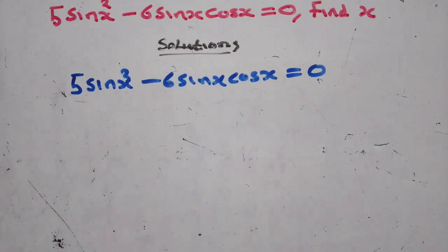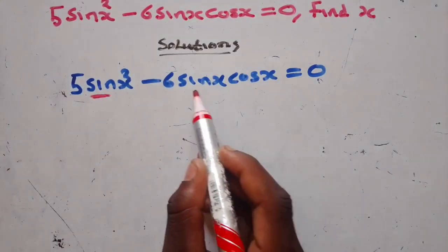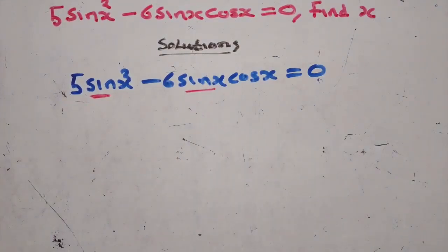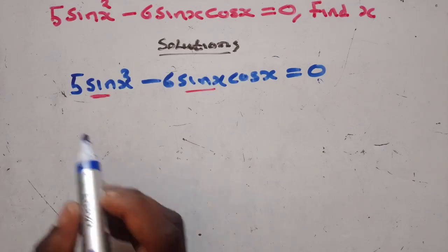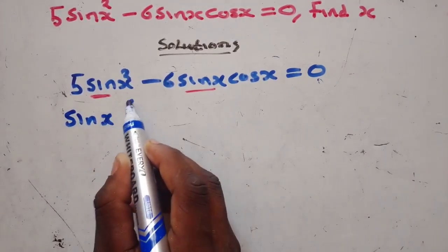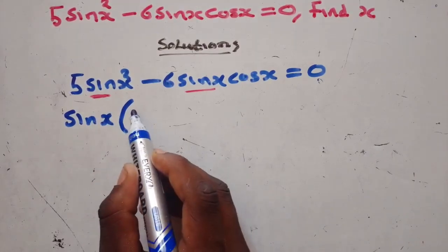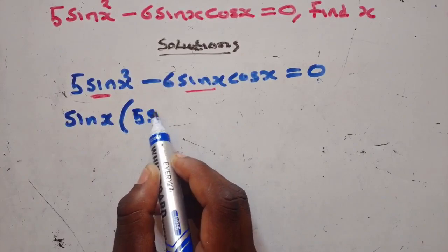So if you see here, which one is common? We can see that sine is the one which is common, because here we have sine, here we have sine, and we also have sine this side. So I'm going to have sine x outside the bracket. Sine x into 5 sine x squared, we are going to remain with 5 sine x.